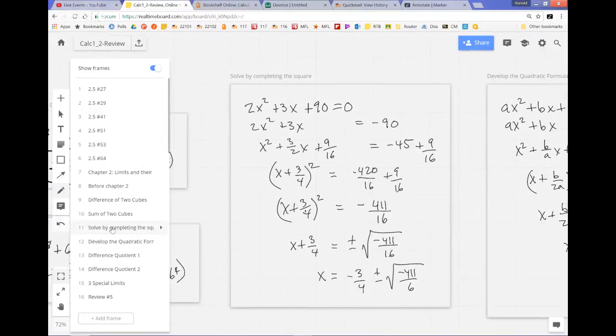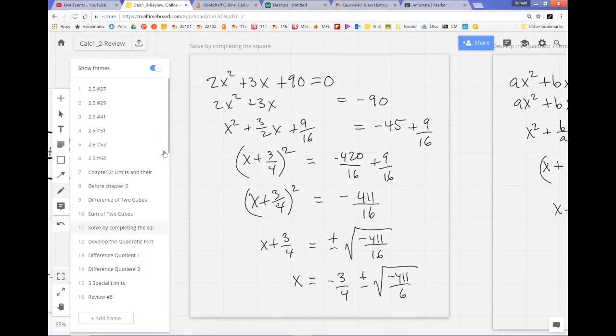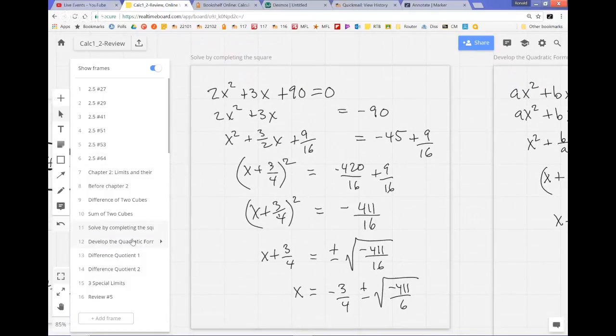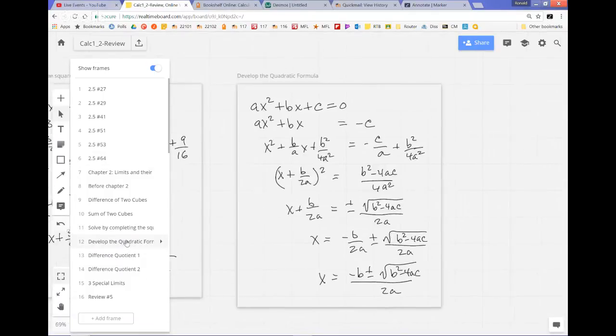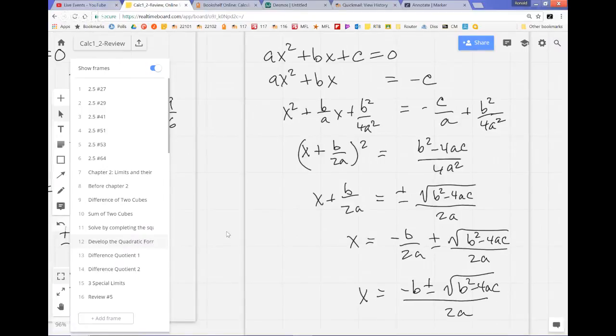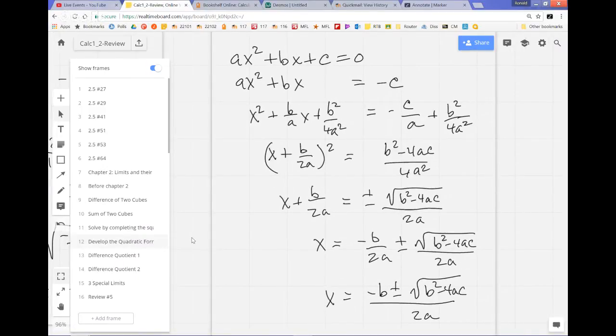Let's see, we did one here. Remember this one? We did solving by completing the square. That's a technique everybody needs to get used to. And in fact, it's so powerful that we were able to use completing the square to actually come up with the quadratic formula from the basic ax squared plus bx plus c.